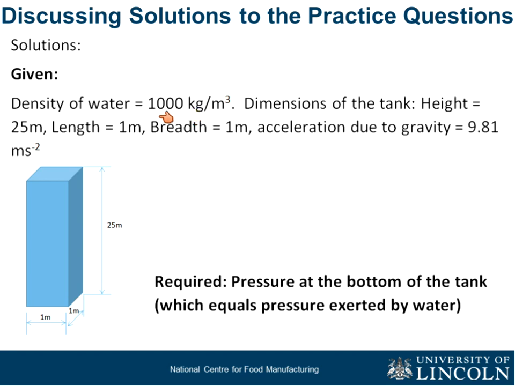I can see mass coming out. If I know the volume, and I know the density, I can get the mass of the water. And if I know the mass of the water, I can get the weight of the water, because the weight has a relationship with the mass. According to the formula sheet, the relationship is that weight equals mass multiplied by acceleration due to gravity.